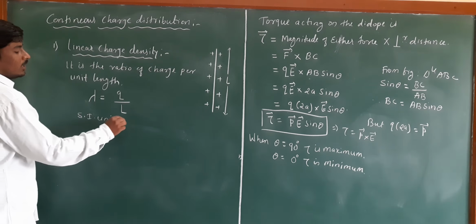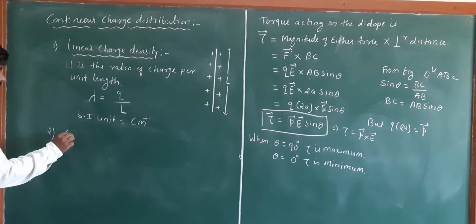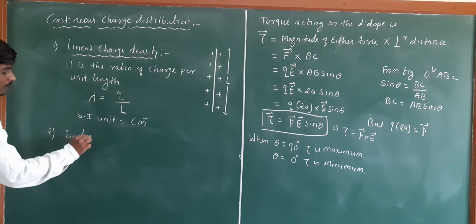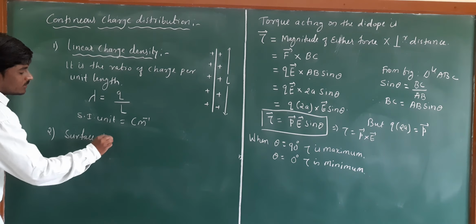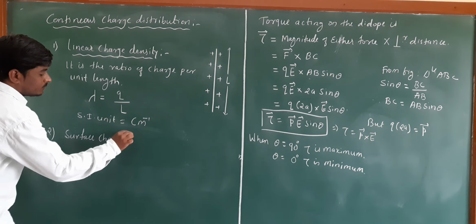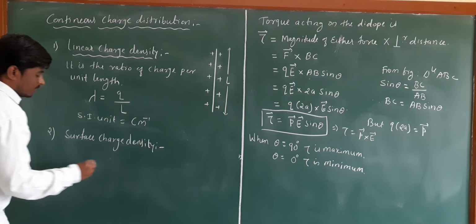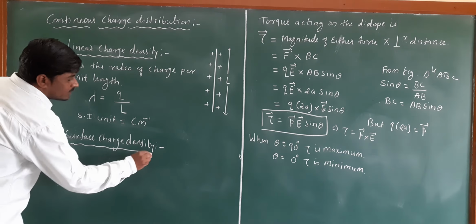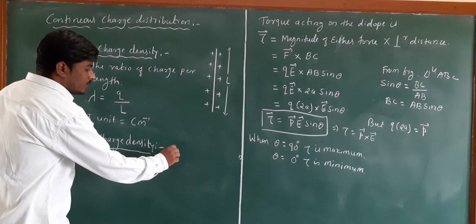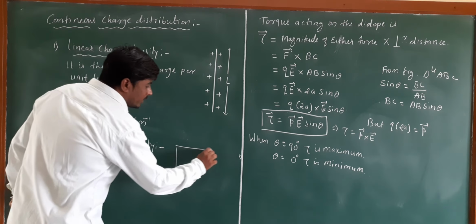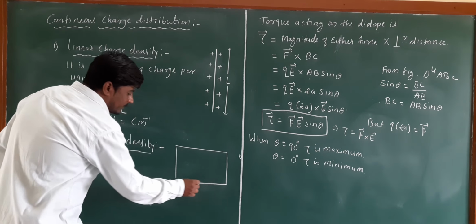The next one is surface charge density. Surface charge density says that charges are distributed along a surface.